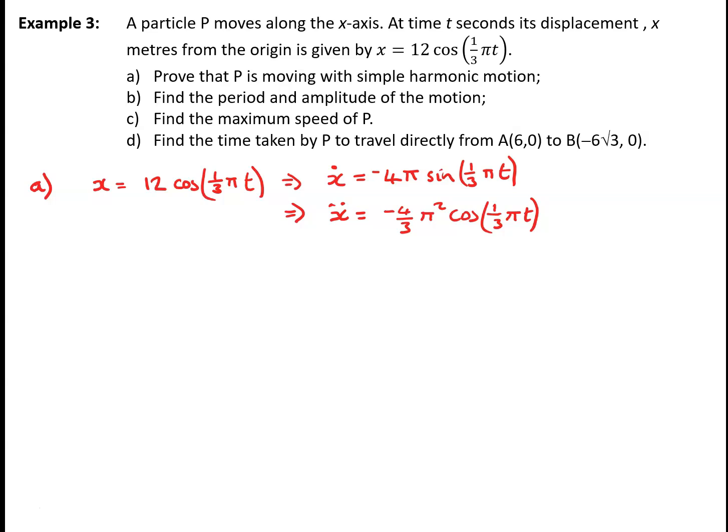And that is precisely the same thing as minus pi squared over 9 times 12 cos a third pi t. In other words, we've got x double dot is minus pi squared over 9 times x.